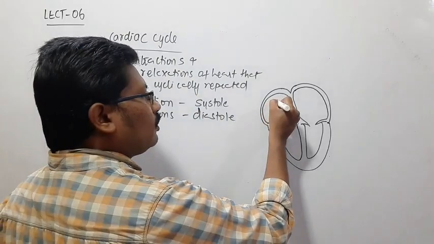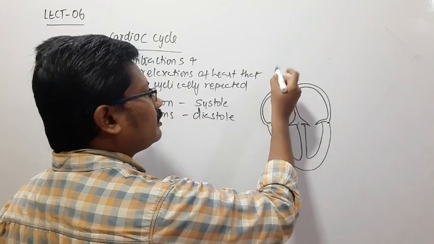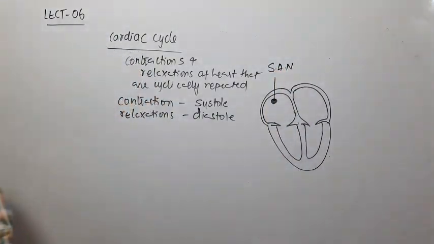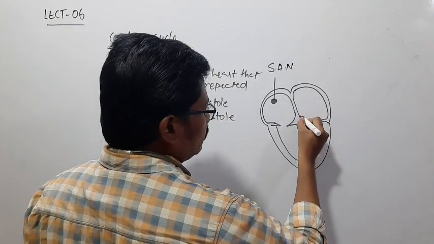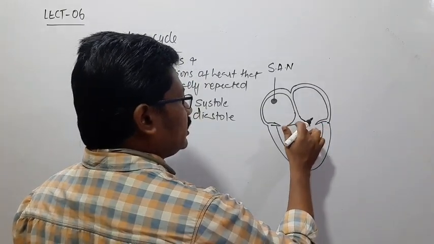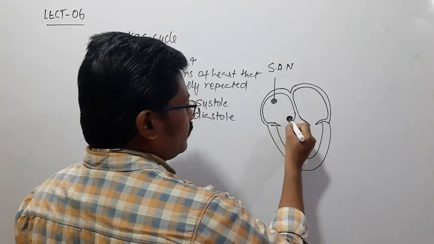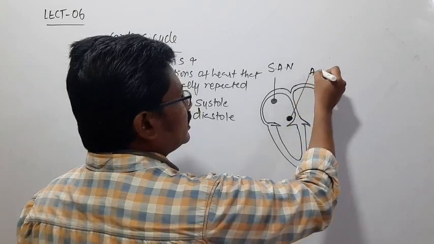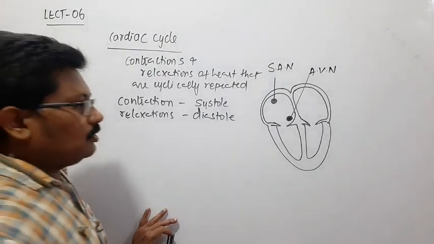Right? So near the opening of the superior vena cava we have the SAN node, that is the sinoatrial node, and near the base of the ventricles, near the interventricular septum, we have one more nodal tissue, and we call it the AVN, the atrioventricular node.